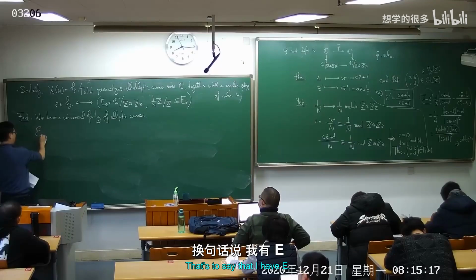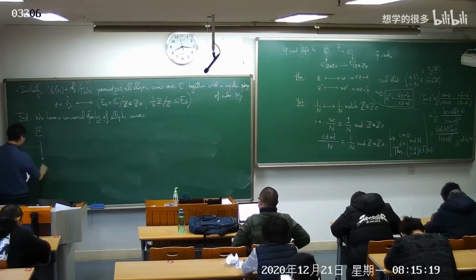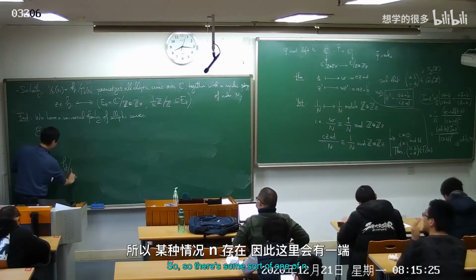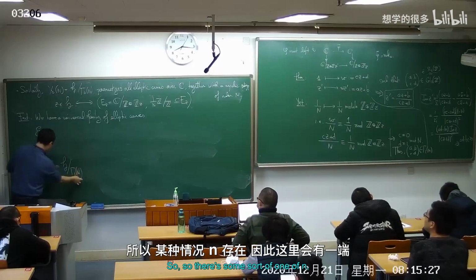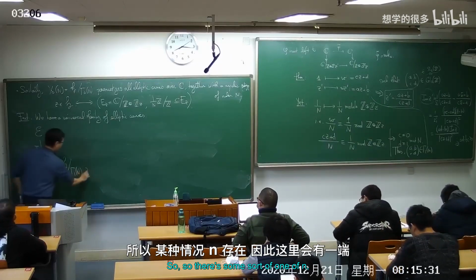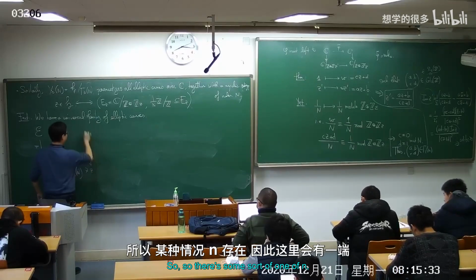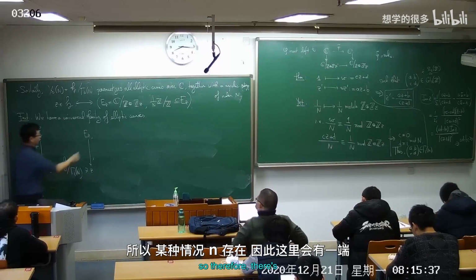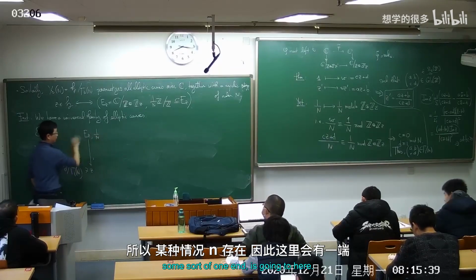Let's say that I have E. So this is pi. I'm back to the E1, and so therefore there's some sort of 1 over n, this point here.